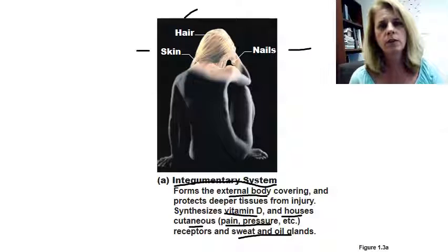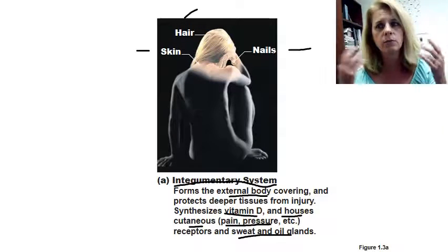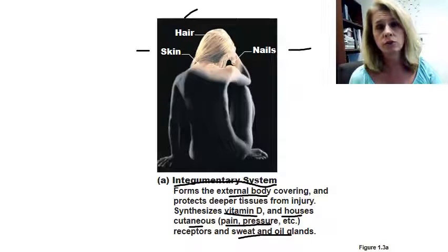So when you're doing things like sweating or flushing, when your skin gets really, really red, you can use your skin to help you regulate your temperature. And you can feel things. So you have fine pressure and deep pressure and itching and things like that. So your skin is basically a barrier covering for your entire body, and it allows you to make vitamin D and to sense your external environment.